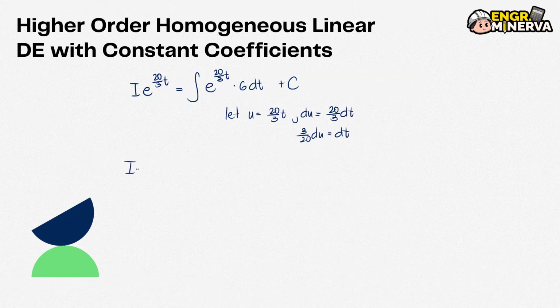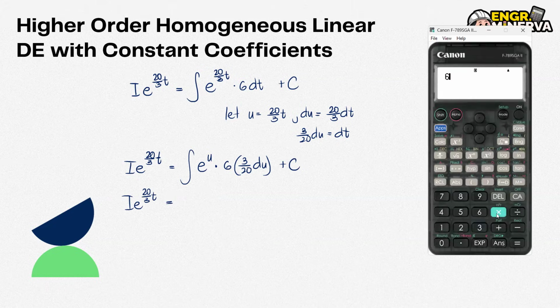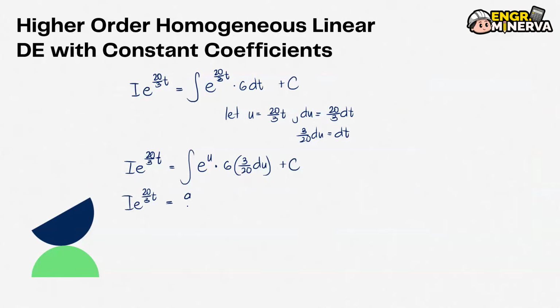So that would be i e raised to 20 over 3t equals the integral of e raised to u, since e raised to 20 over 3t is e raised to u, then 6 multiplied by 3 over 20 du. 6 times 3 over 20 would be 9 over 10. So 9 over 10 e raised to u, which is 20 over 3t, plus c.